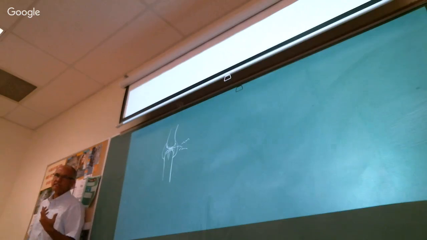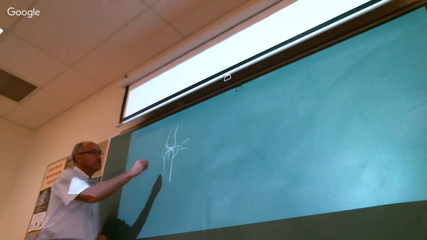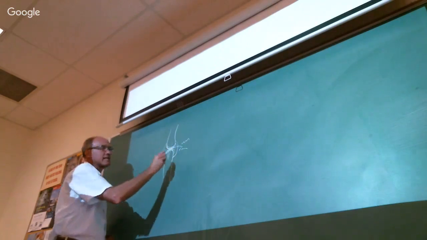So when you think about treatment here, what is a physical therapist going to do, right? If you're thinking about treatment for osteoarthritis, you're not going to resolve this bone-on-bone contact problem.